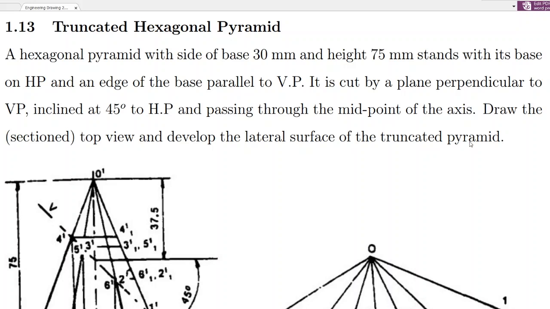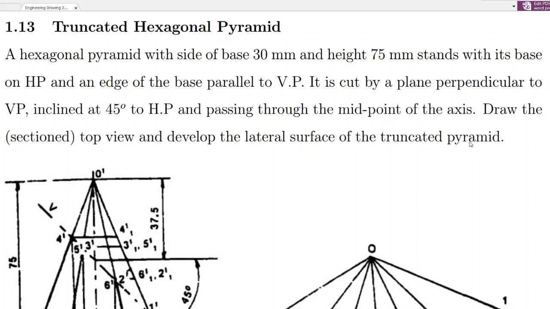In some situations you may be asked to draw the three projections: the front view, the plan, and then the end view of this truncated pyramid, and then develop the surfaces of it.